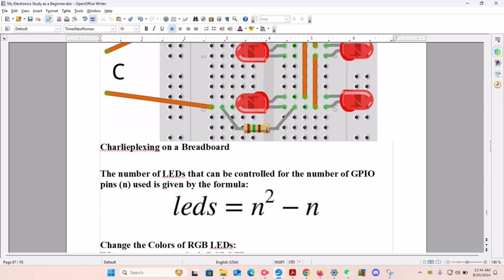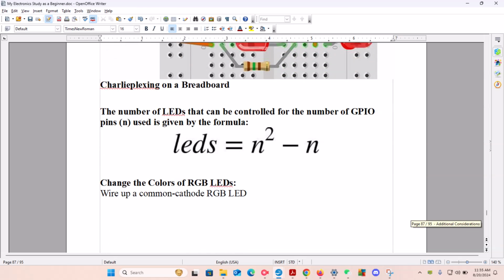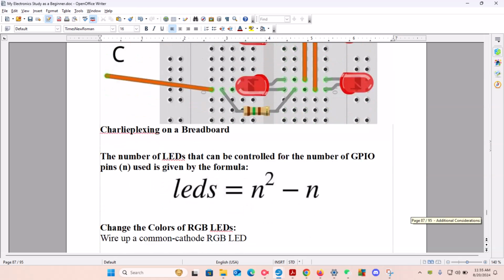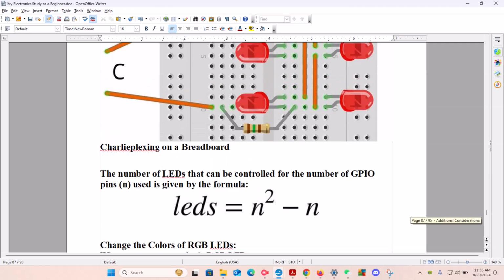What you're going to see is the number of LEDs that can be controlled by the number of GPIOs, that's your general purpose input-output pins, denoted as N, which is any number, given by the formula. The number of LEDs equals N squared minus N. For example, suppose N equals 10.